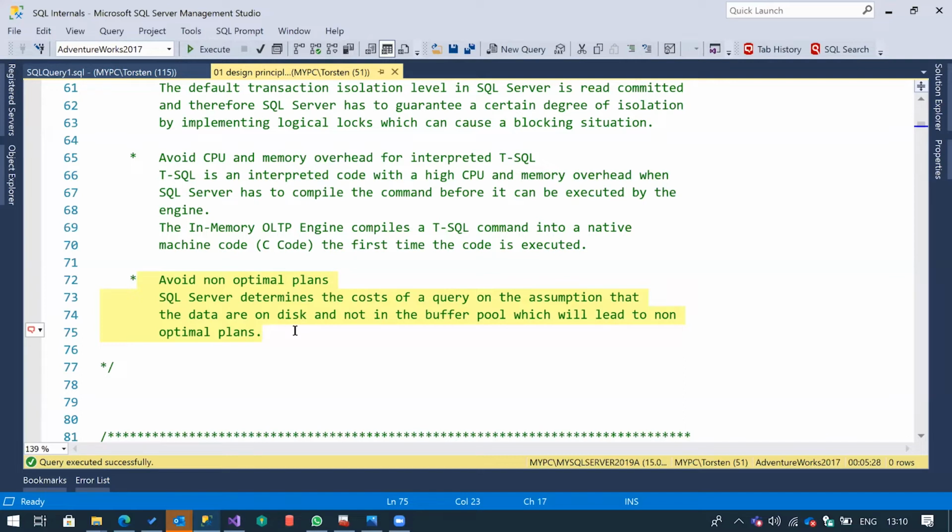the creation of the execution plan is based on the assumption that every page which you need to process the data for the query will be located on disk and not in the buffer pool, because it is likely that you have data not in your buffer pool. So therefore, SQL Server always has to assume the worst case.